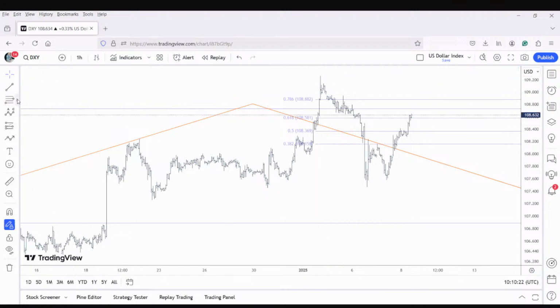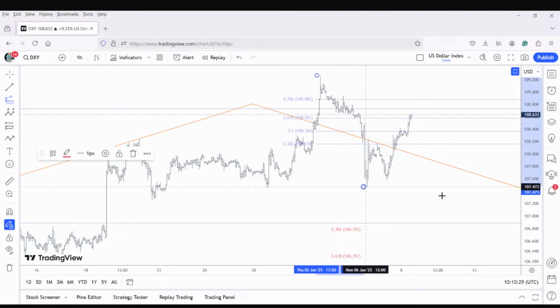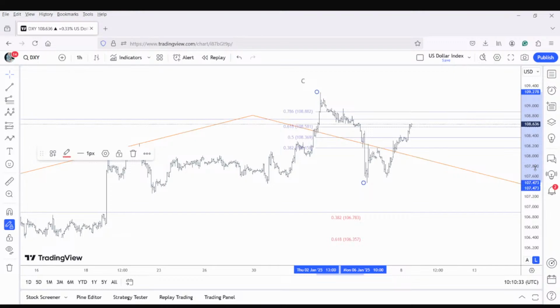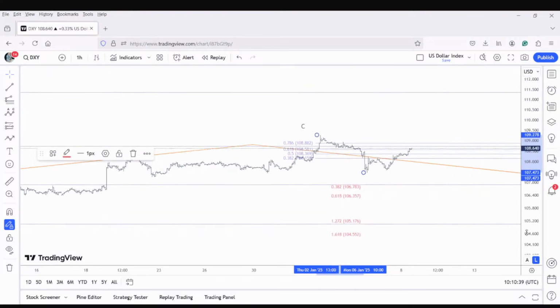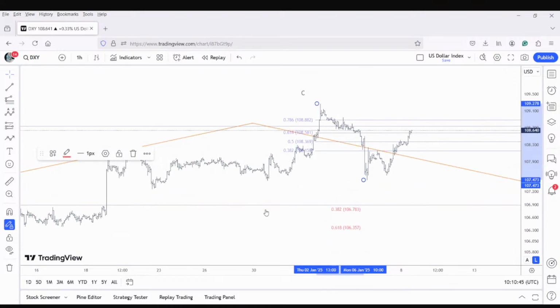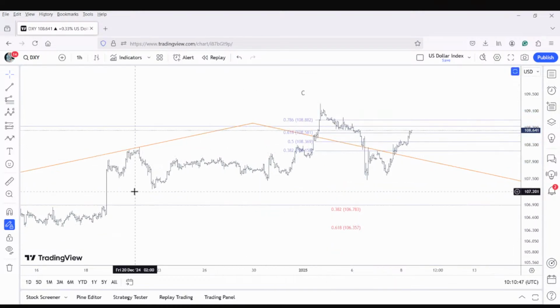And let's take the Fibonacci extensions, then we'll print the high potential trade setup. So it is 106 and possibly 105. Yeah, 105, yes. It's actually around 104.55 as well.